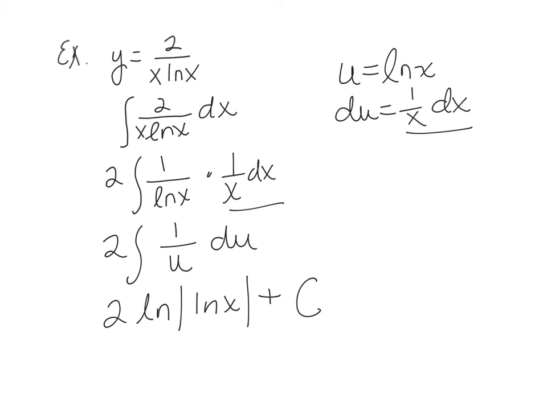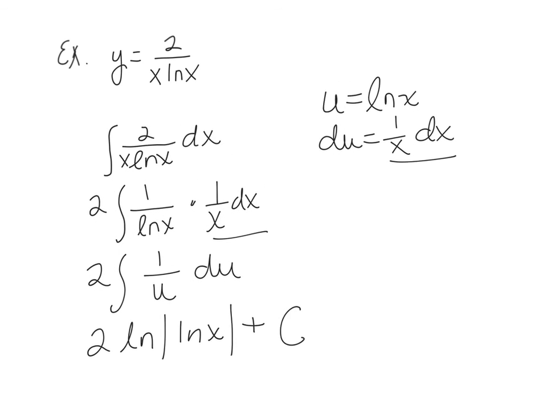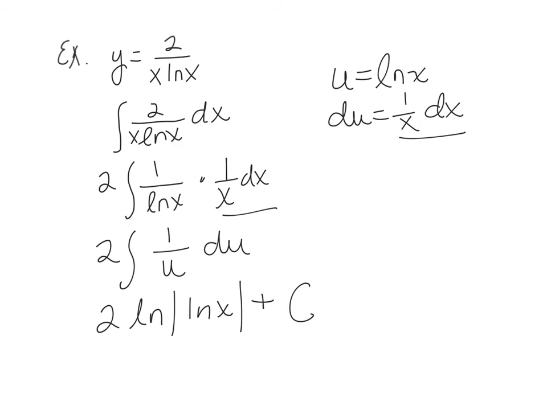Now, this looks really odd, but if we needed to, we could still actually use the natural log rules to change this to a definite integral. Like, say for instance, we wanted to find out what it was between 2 and 4.